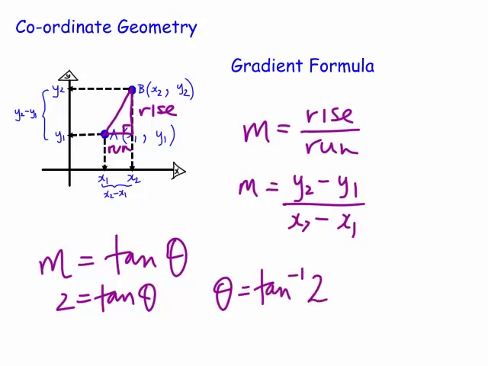If you type that into the calculator, I think it's about 63 degrees. You have to go shift tan 2, and it's about 63 degrees 26 minutes. So theta is approximately 63 degrees and 26 minutes.